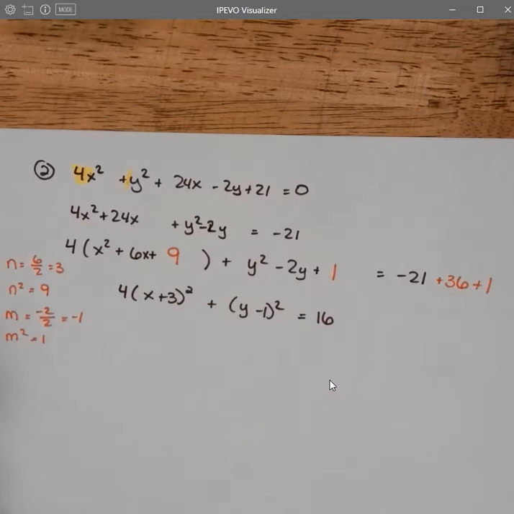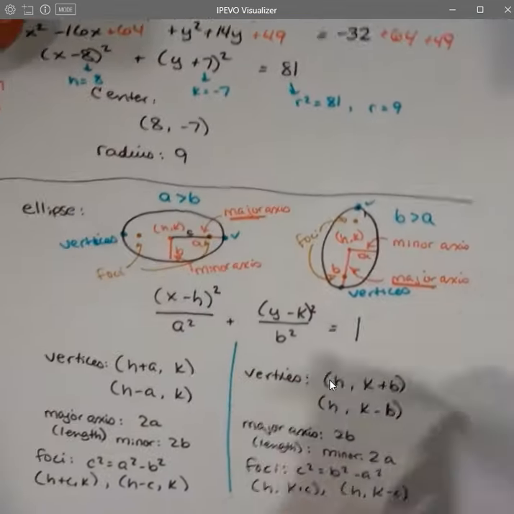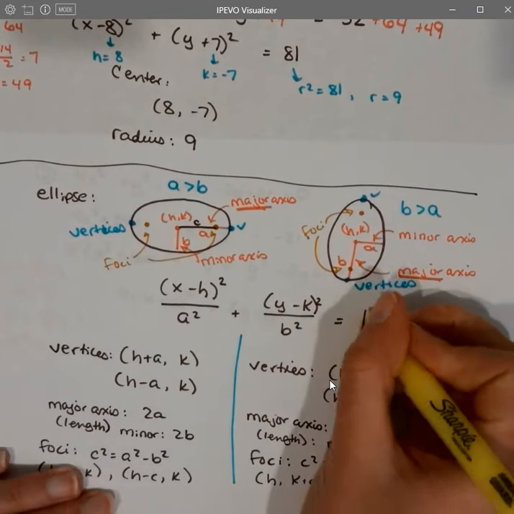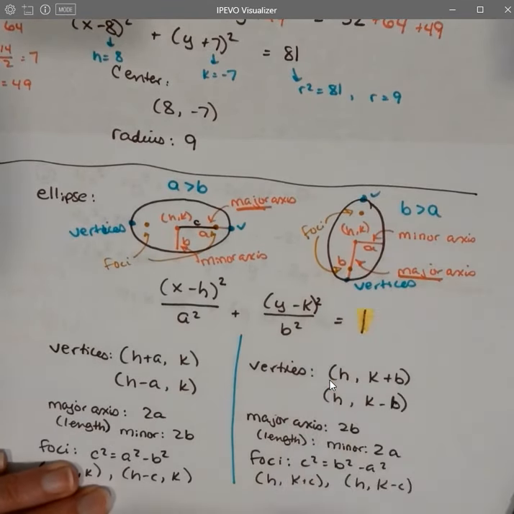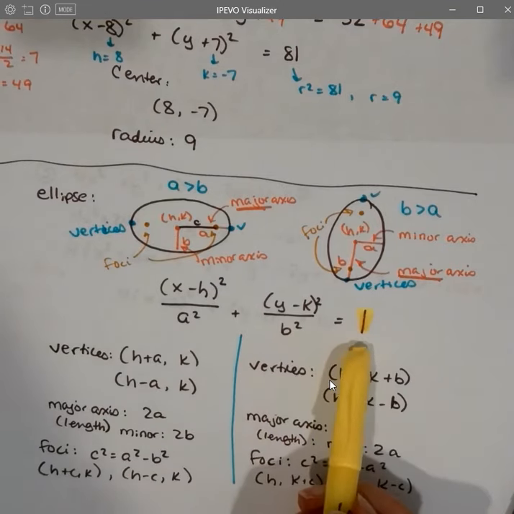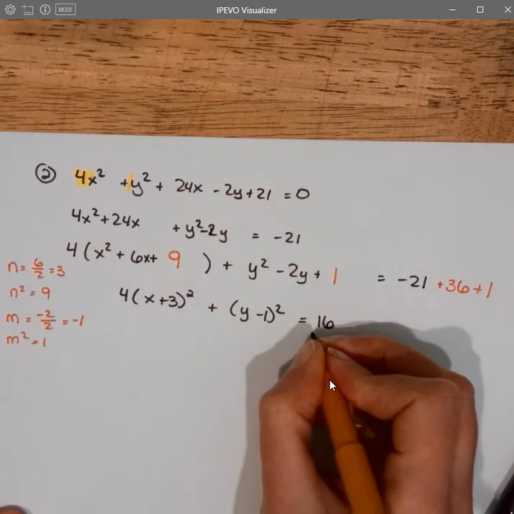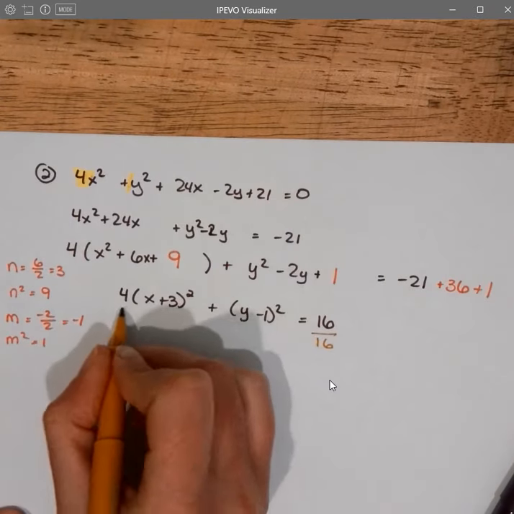Okay, so we're working on getting the equation for an ellipse. We need, if I pull my formula sheet back over here, what I need to write the equation for the ellipse here is I need it equal to 1. And so if I'm not equal to 1, I'm not going to be able to find a and b. So that's the first thing I need to find is what I need to divide by to get it equal to 1. And so we're going to divide everything here by 16.